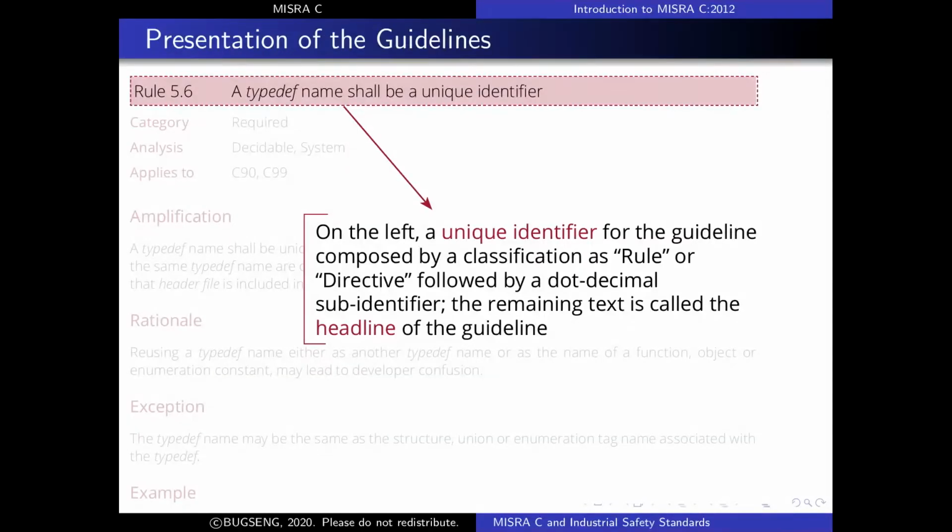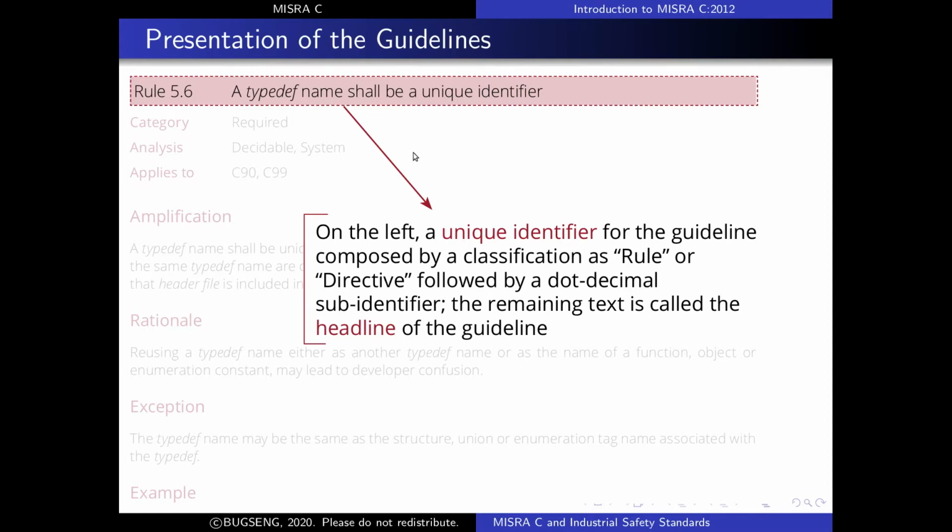So let me start to present the guidelines. MISRA C is a book, in essence. A book, and the recommendations are presented in the form of guidelines. And guidelines are presented in this way. First there is a pink strip where on the left we have a unique identifier for the guideline, which is composed by a word, which may be rule or directive.